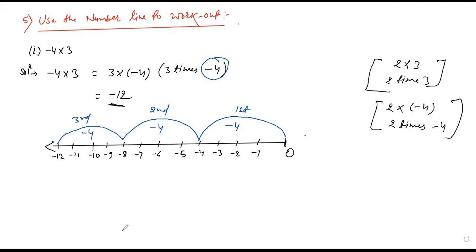Question number 2. 5 into minus 2. It's already in arranged form, so we don't need to arrange here. 5 into minus 2 means 5 times minus 2.